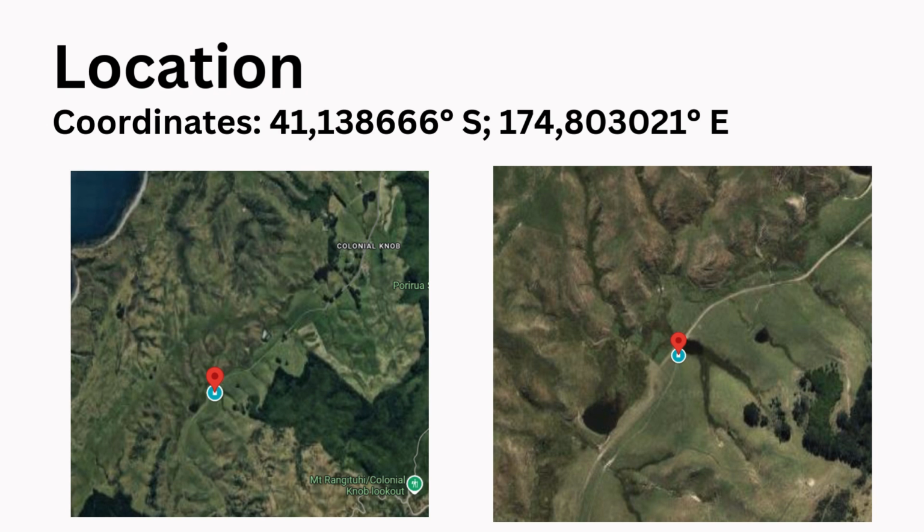Only a small population is living there, and at a distance of over 1,000 meters from the power plant location, you see a place named Colonial Knob. There is the first building. It is a farming region, because there are many open spaces which are used for agriculture, like pastures for sheep and so on.